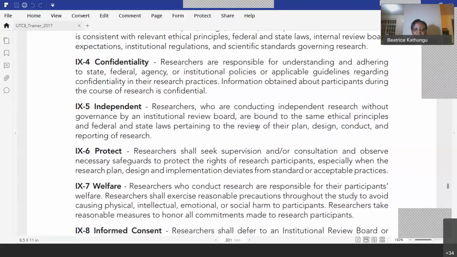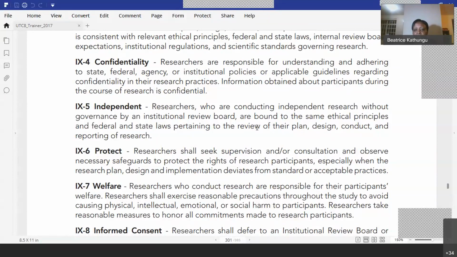Now, number 5 is about independent research. When we conduct research independently without any governance by an institutional review board, as sometimes will happen in some situations, maybe because of the nature of the activities we are doing, for logistical and practical purposes, we may not have the benefit of being able to go through the various review boards.